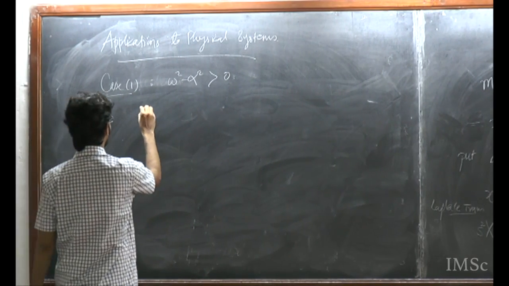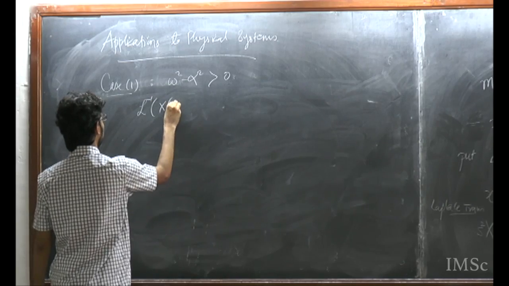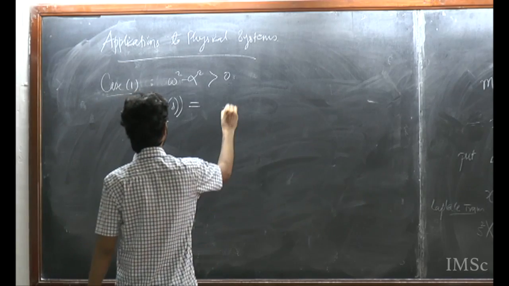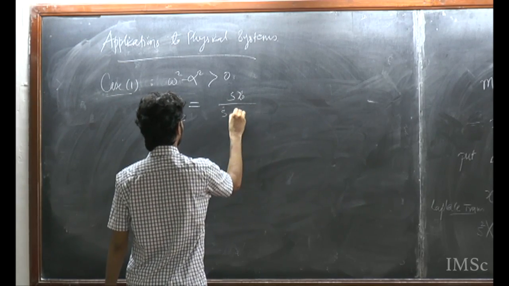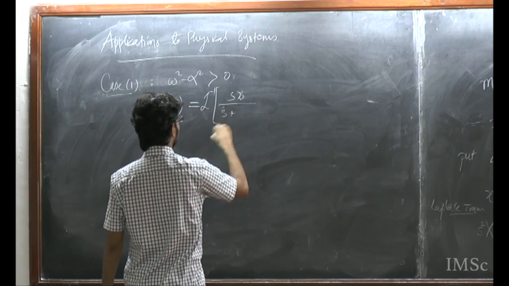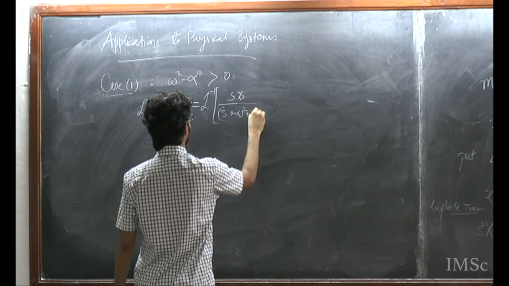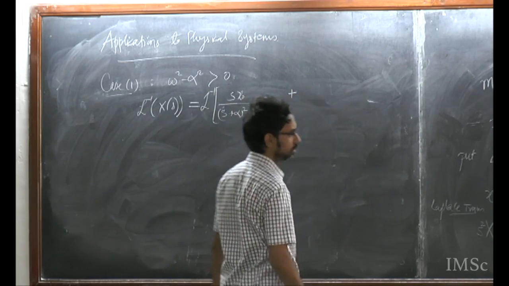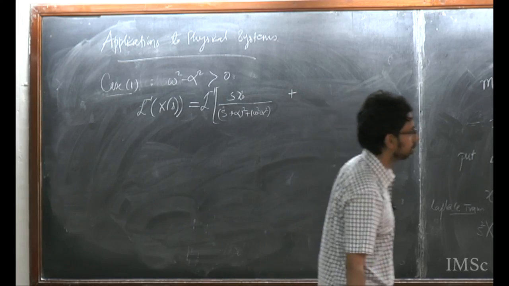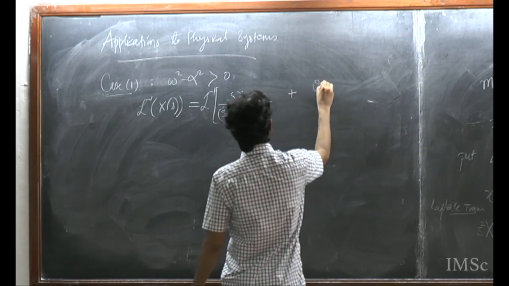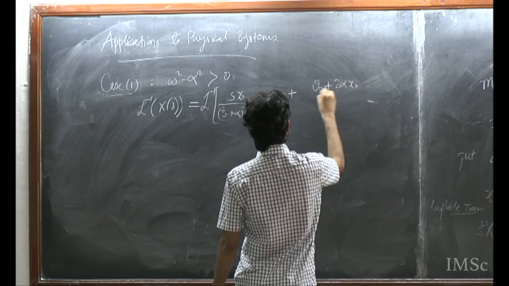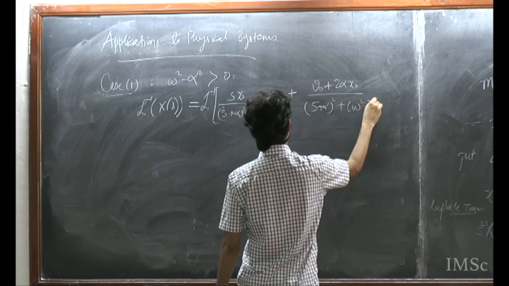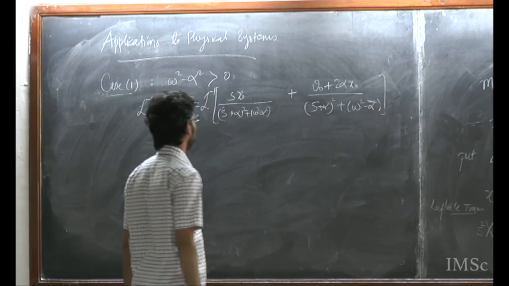So L inverse of Xs equals s x naught by s plus alpha square plus omega square minus alpha square, plus v naught plus 2 alpha x naught by the same.